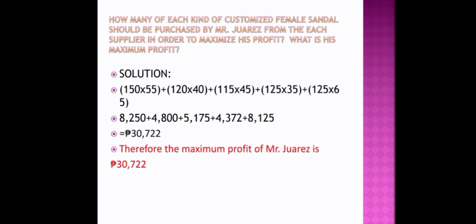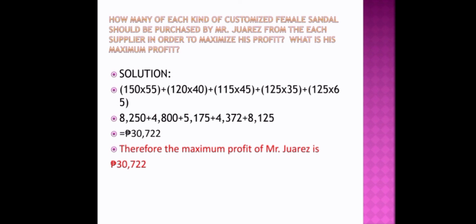So this is the given solution: 150 times 55, which is the first allocated quantity, plus 120 times 40, which is the second allocated quantity, plus 115 times 45, which is the third allocated quantity, plus 125 times 35, which is the fourth allocated quantity, plus 125 times 65, which is the last allocated quantity.